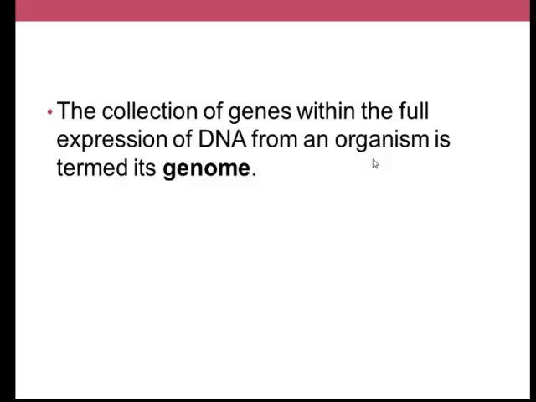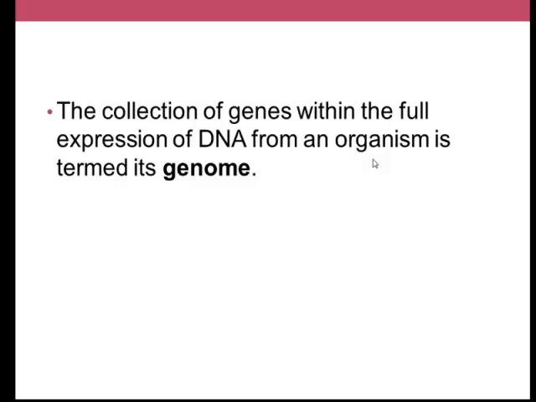The collection of genes within the full expression of DNA from an organism is termed the genome. So, the whole DNA inside the organism is called the genome, but the gene is the small part of DNA that encodes for a certain polypeptide chain.